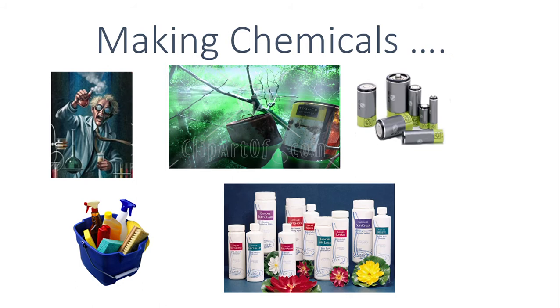As you can see, there are some examples in these pictures. We have different chemical products, like this one, a shampoo. In making this shampoo, all the ingredients needed must be balanced in particular stoichiometric calculations.